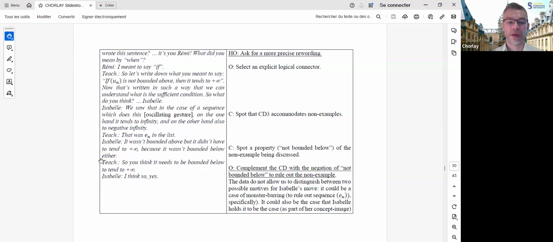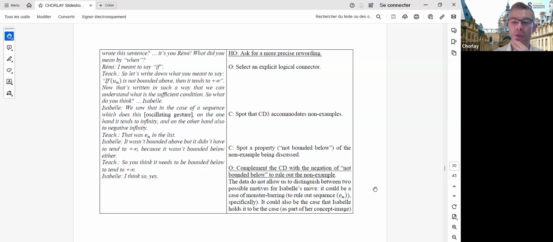So the student's move is, so you think it needs to be bounded below to tend to positive infinity, and Isabel says, yes, that's what I mean to say. So if we take a look at the right-hand column, this is a typical move in situations of definition construction.